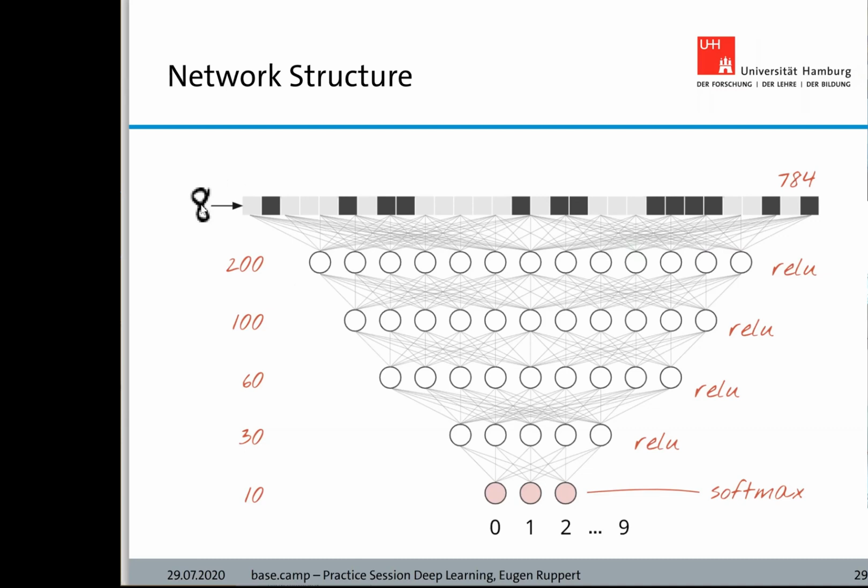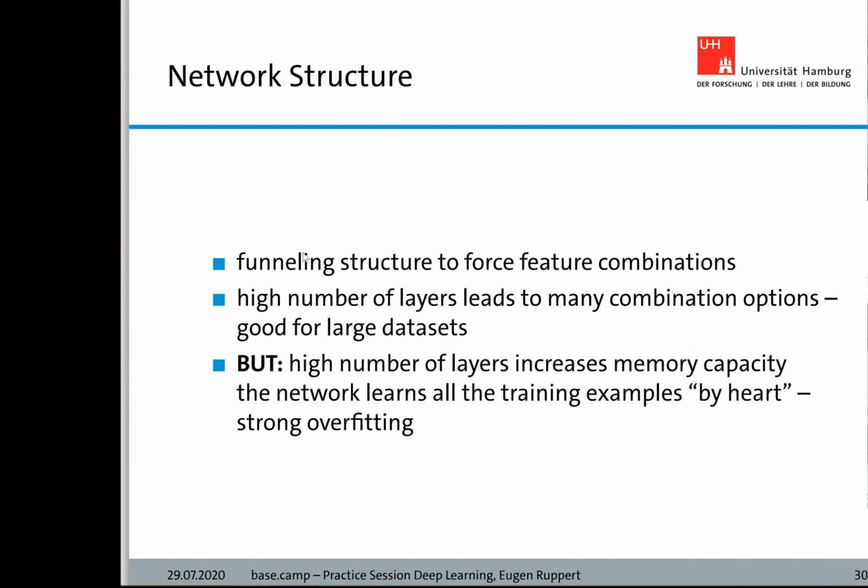This would be a number classification, which starts as pixel data, and then you're combining them all together to arrive at your 10 output values for the numbers 0 to 9. If you have this funneling structure, then you're forcing the network to recombine features and find some meaningful correlations between them.